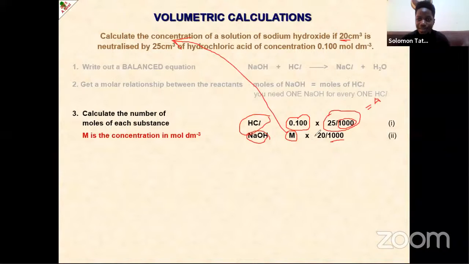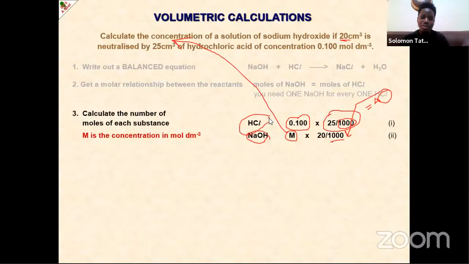After here, since the mole ratio is 1 to 1, that means the answer you got here is equivalent to the answer you'll get on this one. That's why we equate the two, because the mole ratio is 1 to 1.